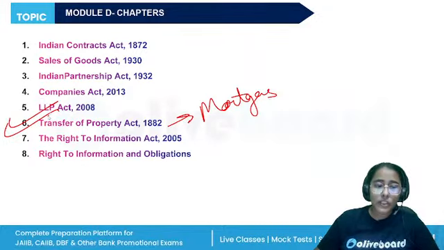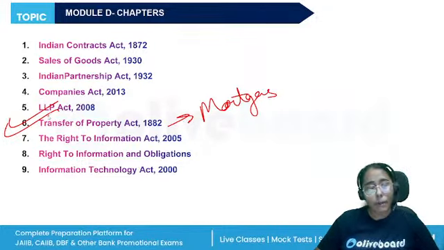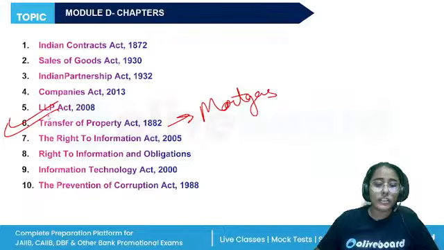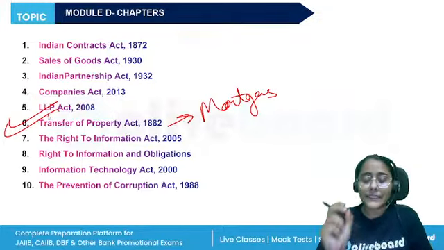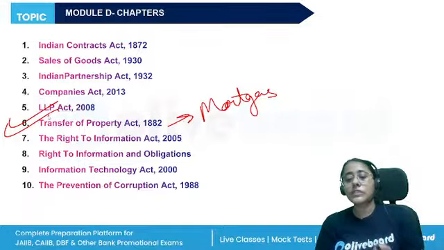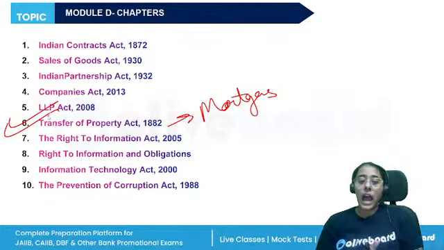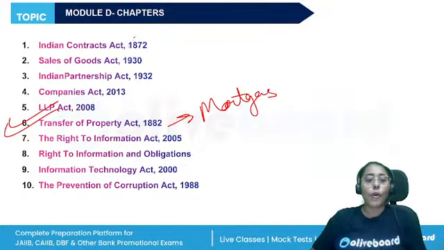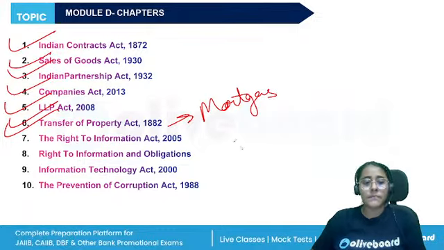Right to Information Act, Information Technology Act, and the Prevention of Corruption Act. These 10 acts you need to study in your Module D. Out of these, the most important are the Companies Act, LLP Act, the Indian Contract Act, Partnership Act, and the Sales of Goods Act.